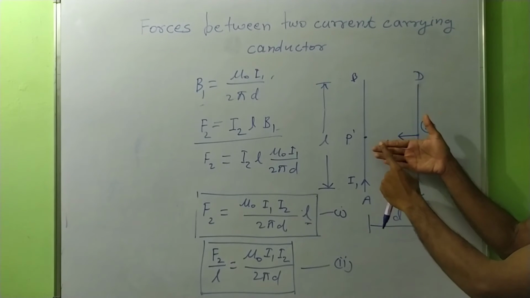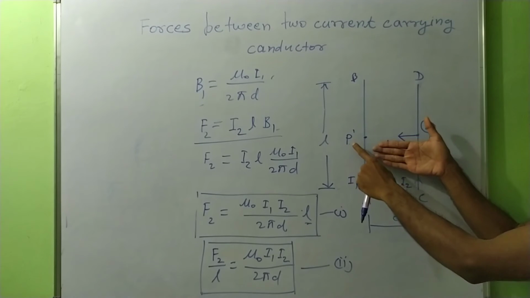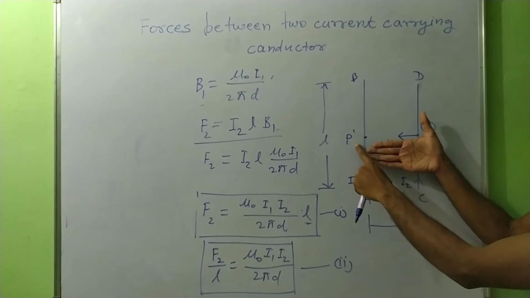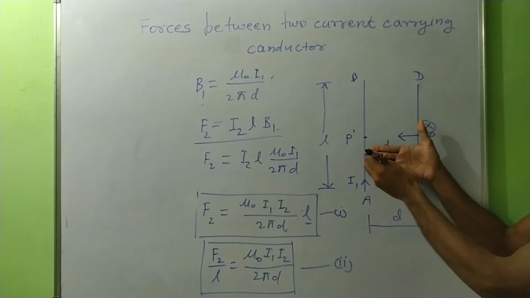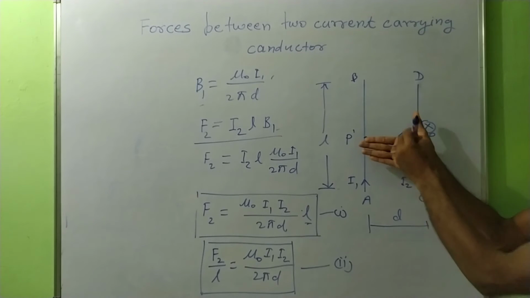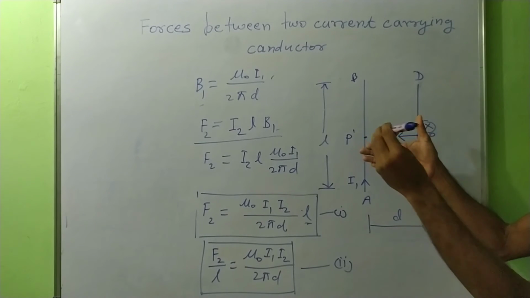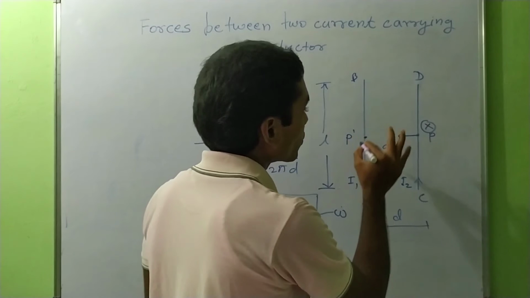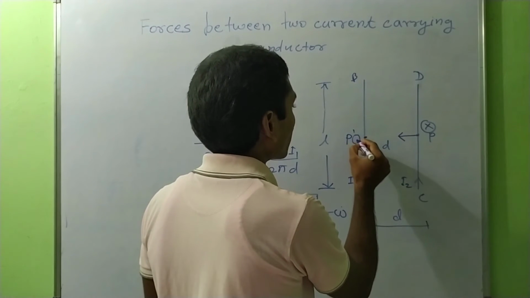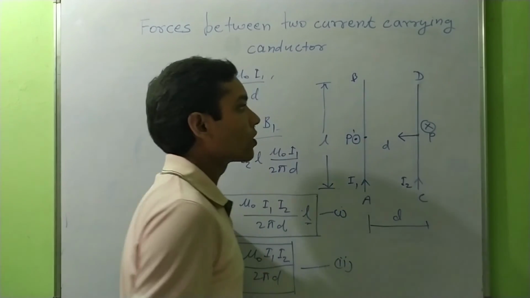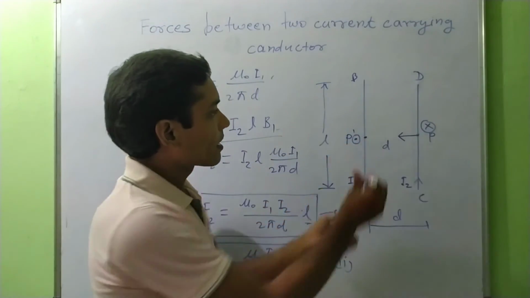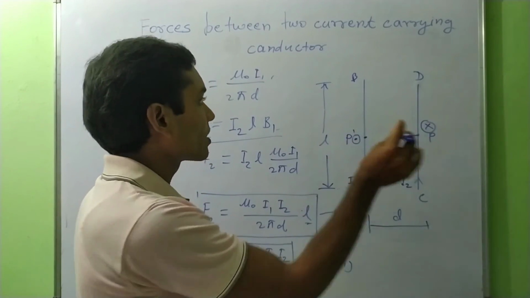The fingers show the direction of that point where we have to determine the direction of magnetic field. So the direction of magnetic field will be upward, perpendicular to the palm of the right hand. To show the upward magnetic field, it is denoted by a dot. Okay, so this is the direction of magnetic field.